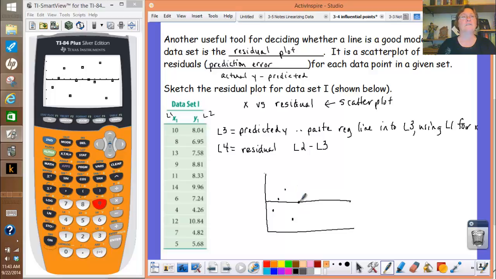I'm not going to be perfect. Again, it's a sketch. And if the line is truly a good fit for the data, you should see no discernible pattern in the residual plot.